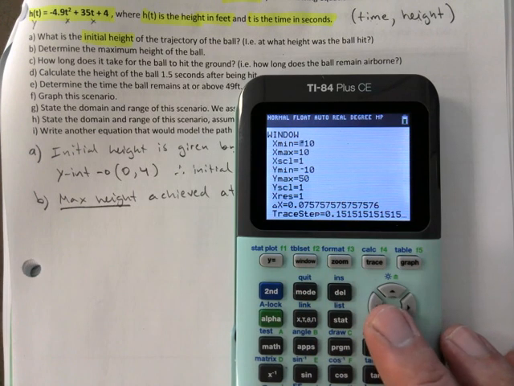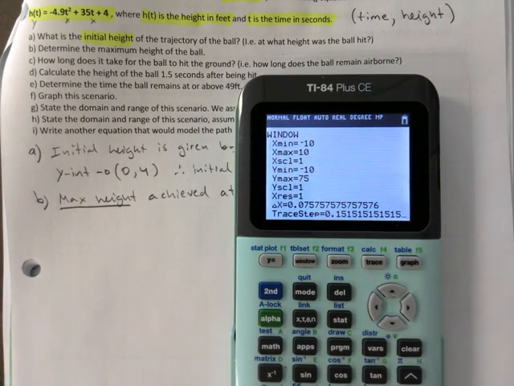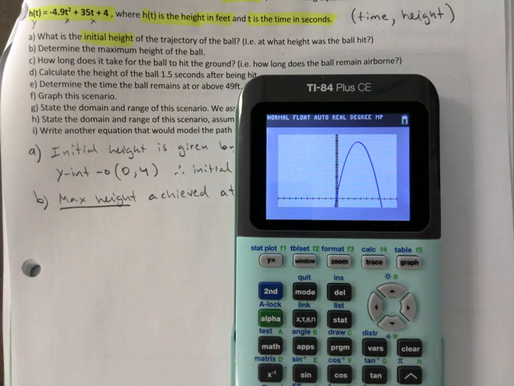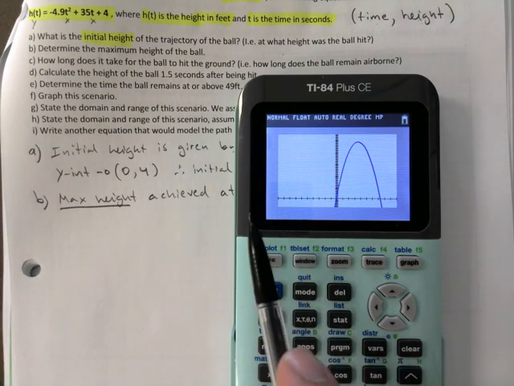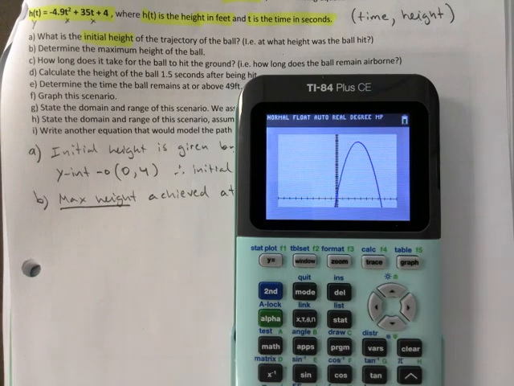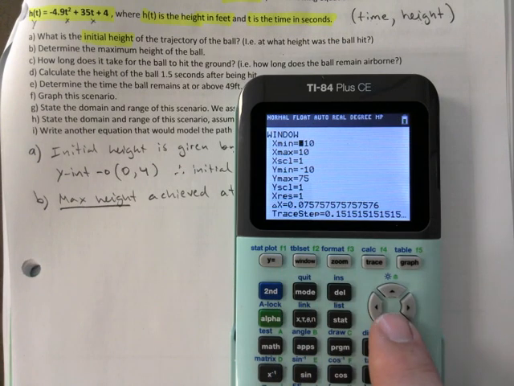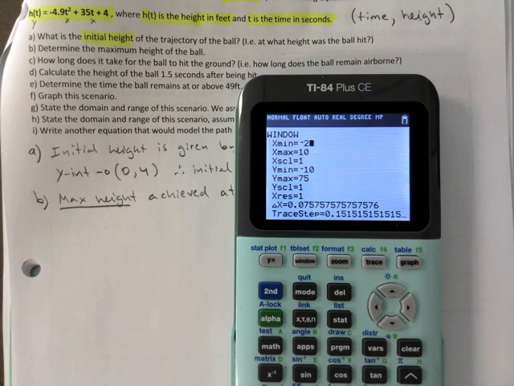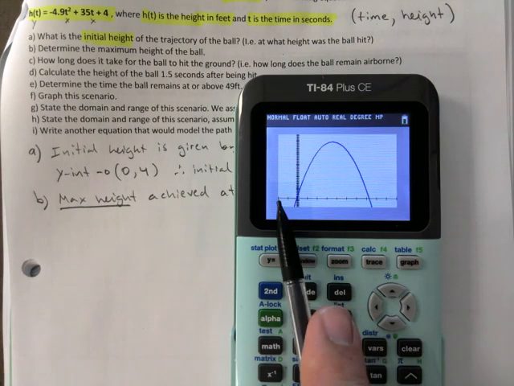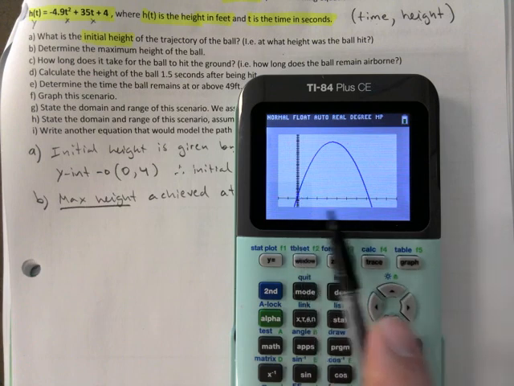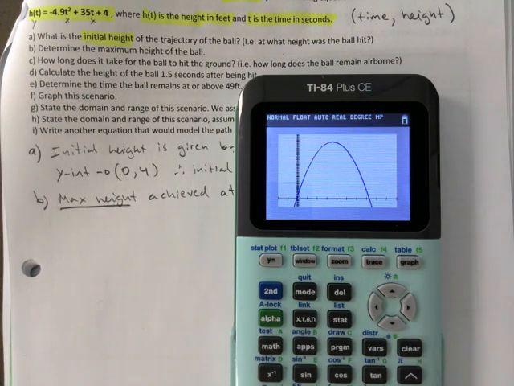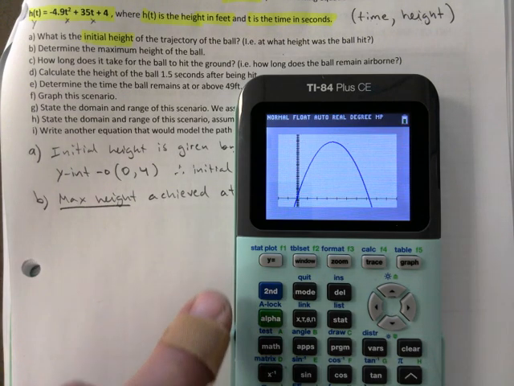Go back to your window. There you go. Do you need the negative 10 on the x-min? You don't need it. So if that bothers you, I'm going to reduce that to like negative 2 for my x-min. I like to see a little bit into the negatives, but not a whole lot. That's a good window right there. You can see all the intercepts and the vertex. You're good to go.